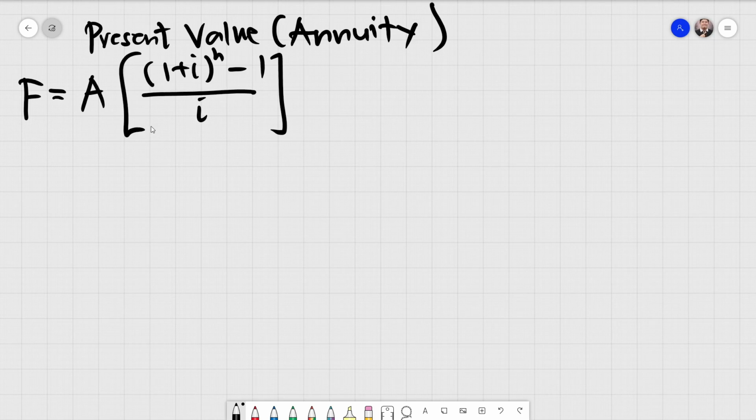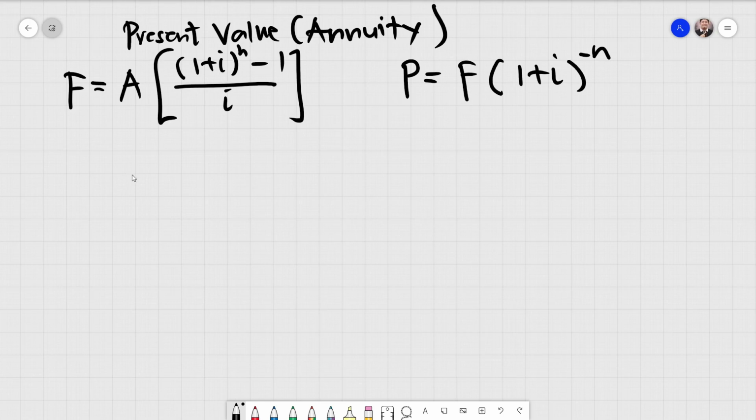So we will also utilize this relationship of the present value and the future value, which is just this: 1 plus I raised to negative n. In order for us to derive the present value formula from the original equation, we just simply substitute the equation that we have derived earlier sa future value ng ating annuity to this equation.